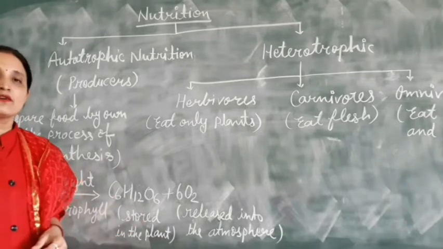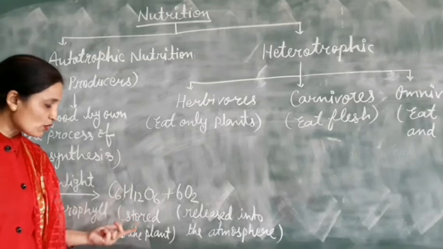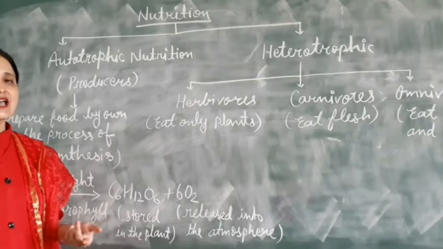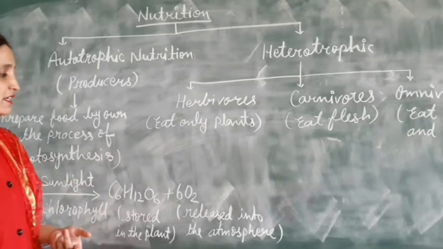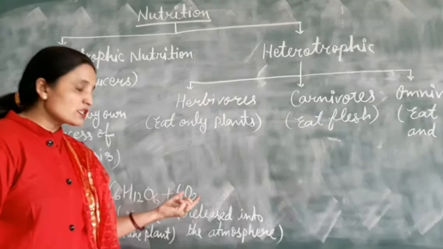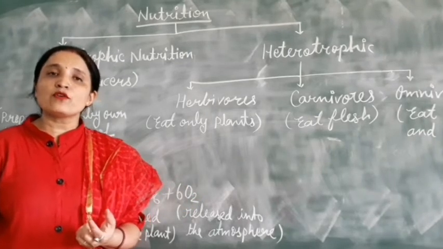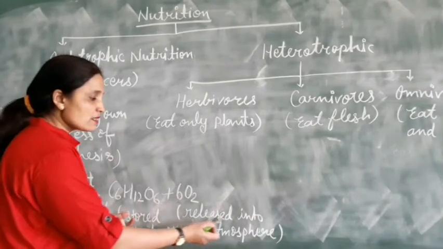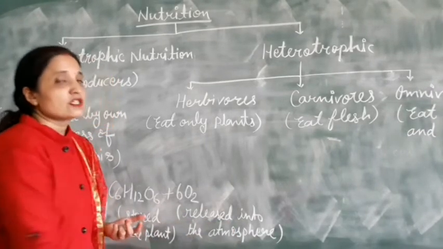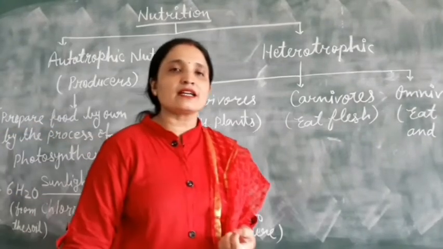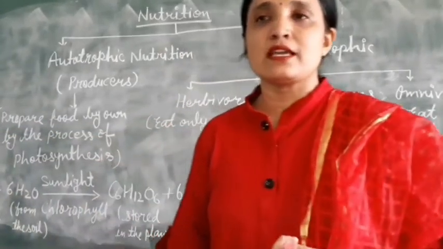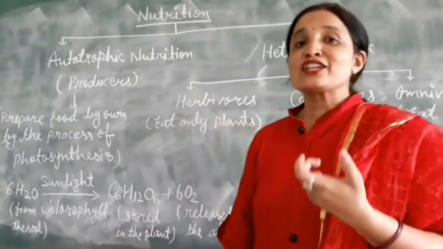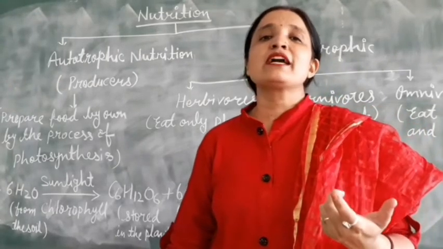C6H12O6 is the chemical formula of glucose, which is stored inside the plant in leaves, stem, roots, etc. And oxygen also forms during this process. This oxygen is released into the atmosphere. So students, please remember that during photosynthesis, carbon dioxide is absorbed by the plants and oxygen is released by the plants.